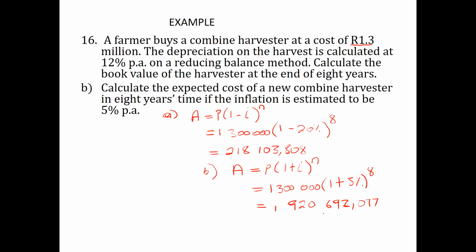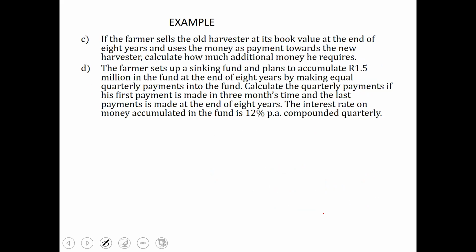Question is, how much extra will this person need? Now it says here, if the farmer sells the old harvester at its book value at the end of 8 years and uses the money as payments towards the new harvester, calculate how much additional money he requires.